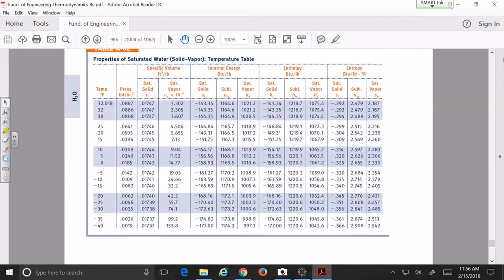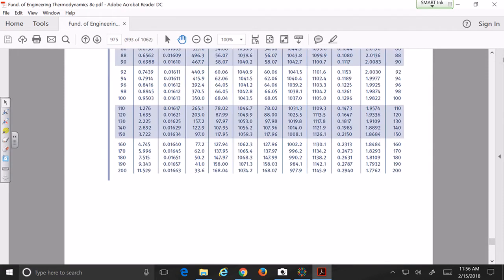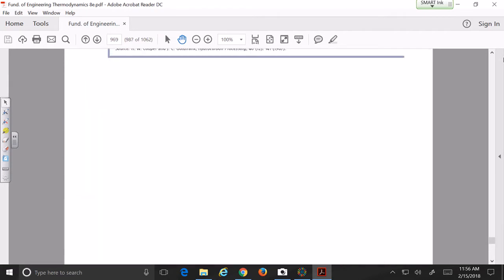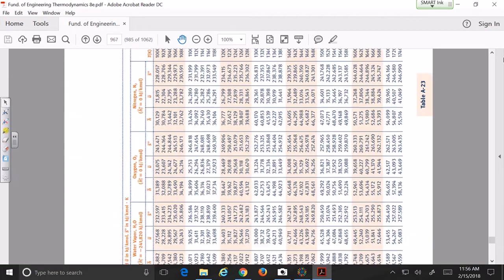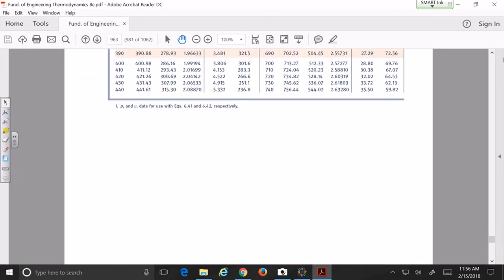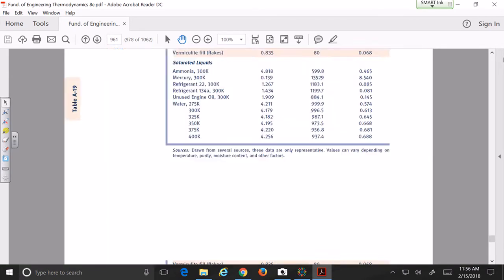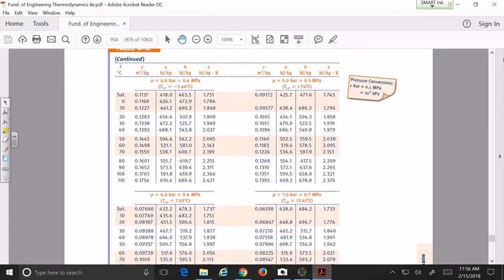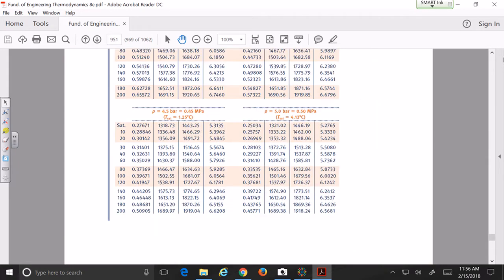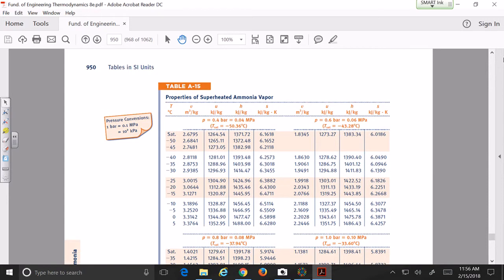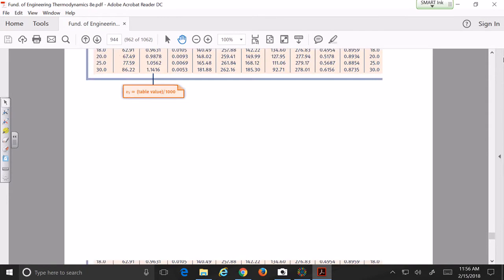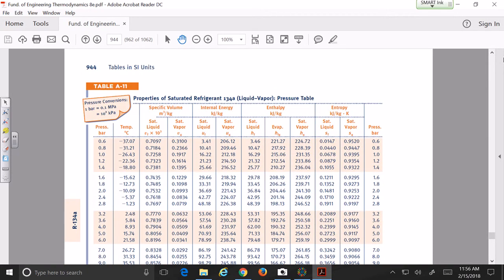All right, but I know it's 11. Almost there. 11. So looks like they give us the pressure in bars, which is good.